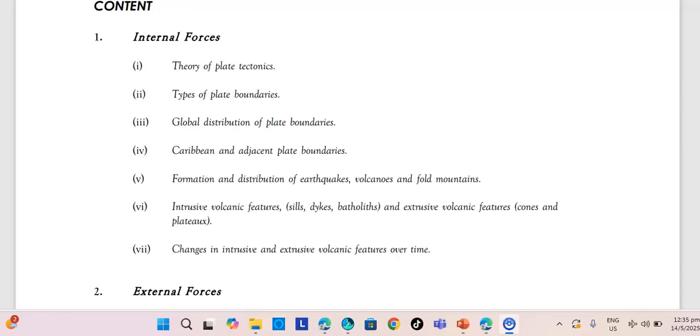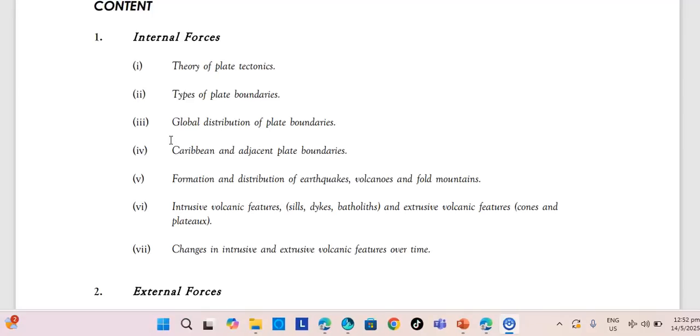All right, so we are looking at the global distribution of plate boundaries. So, as I was saying before, the global distribution of plate boundaries means where on Earth the edges of the plates are found. In simple words, plate boundaries are not randomly spread out. Most of them are found along the edges of continents and oceans.